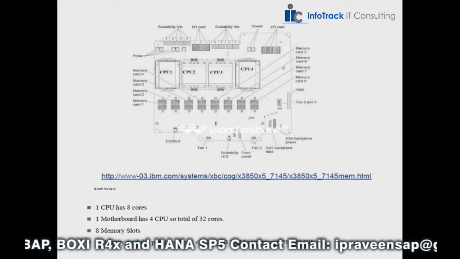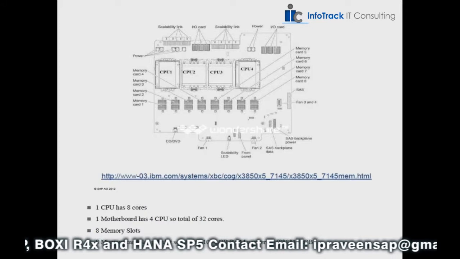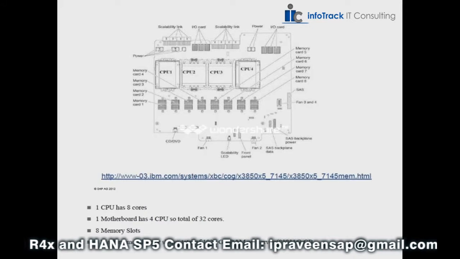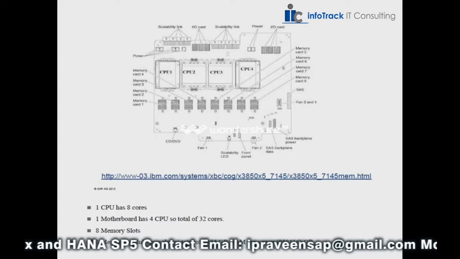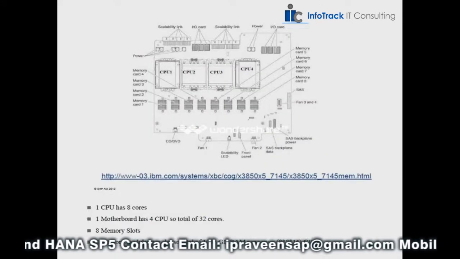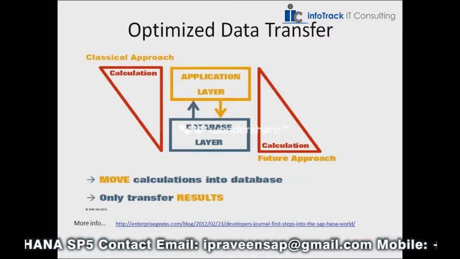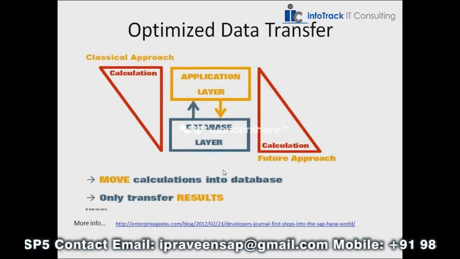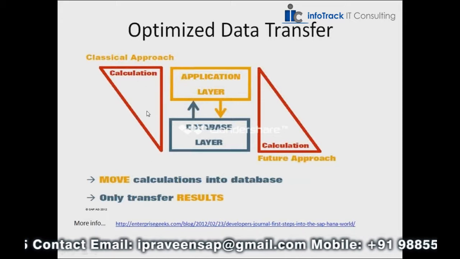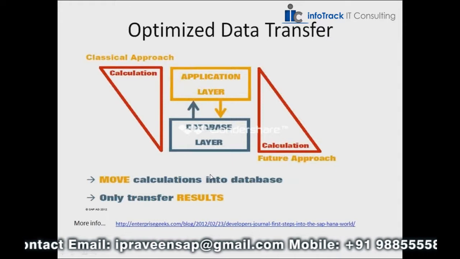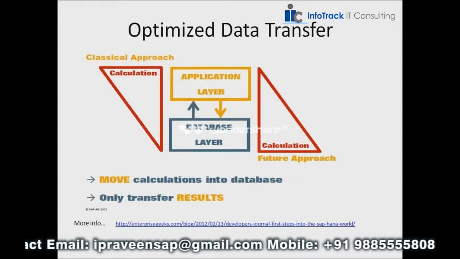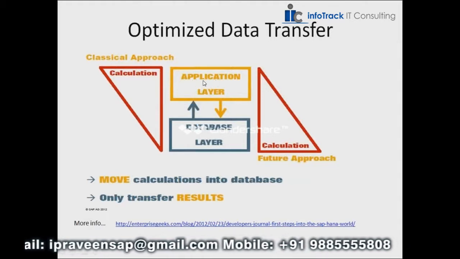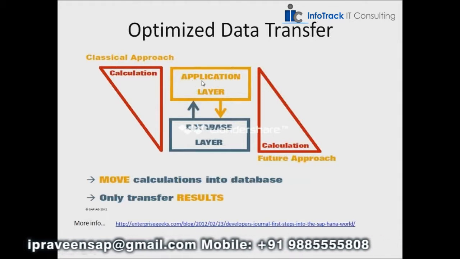But in HANA we can go for the future approach. We don't need to follow the classical approach. Now we can do all the calculations in the database layer itself. So query retrieval time will be faster, the report and presentation layer will not have any effort, the burden on the application layer is lessened, and the retrieval is very fast. Move all calculations into the database and only transfer the results into the report.